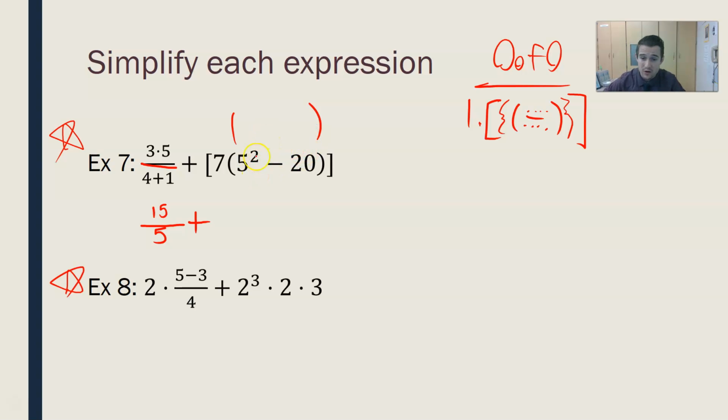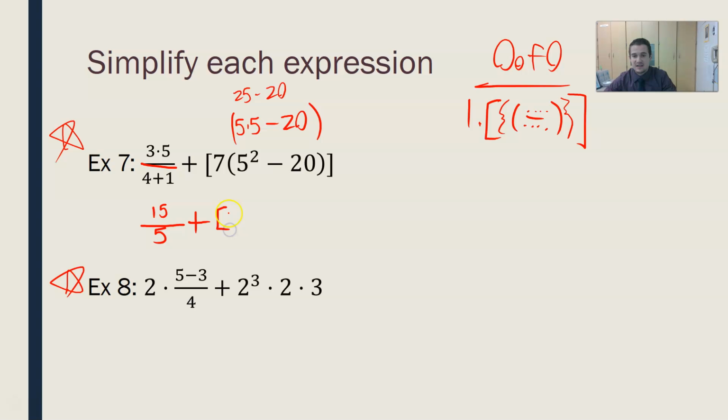Right here inside the parentheses, I have 5 squared minus 20. 5 squared, when I have an exponent like that, is really 5 multiplied by itself, right? That's what an exponent is, a number multiplied that many times. So 5 times 5 minus 20, well, 5 times 5 is 25, minus 20 is 5.